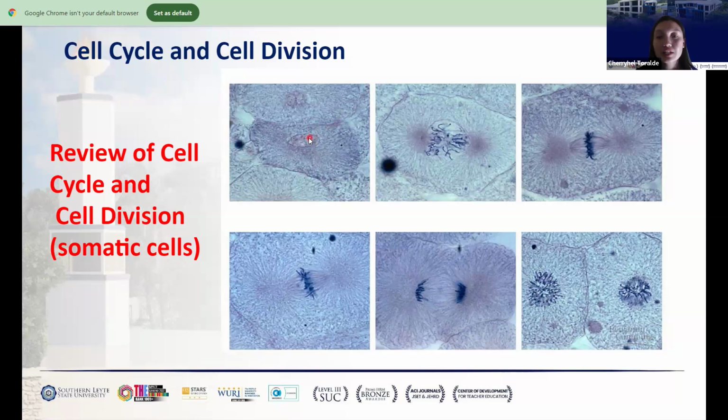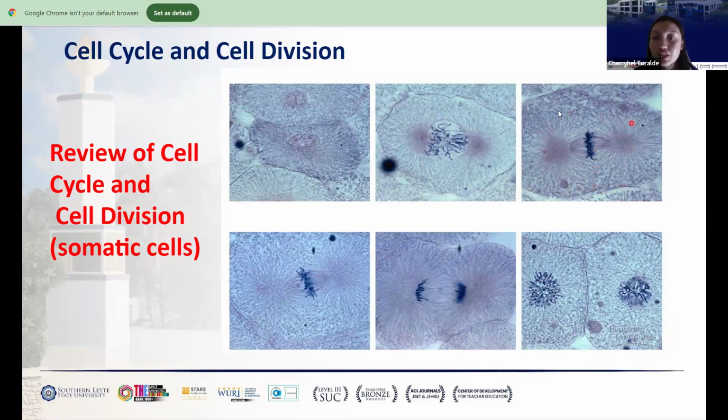So, your DNA is still in chromatin form. While this second picture is prophase, in the sense that you can see the compacting na ng mga chromosomes and the asters and centrioles moving to the opposite sides of the pole.